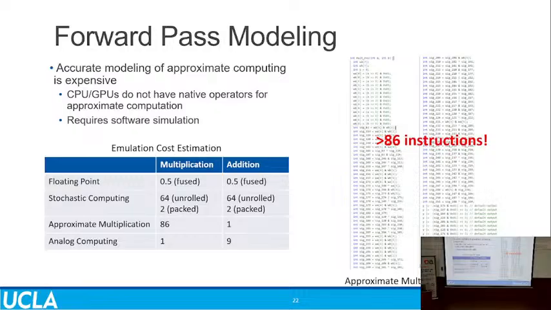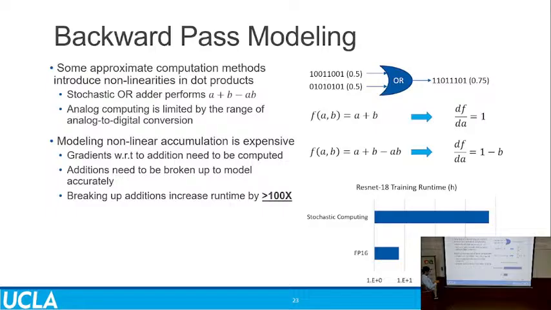If I do analog computing, multiplication is fine, but addition takes about 9 cycles to emulate, right? So if the native operations are slowed down this much just by emulating, the whole training process slows down by roughly that factor.